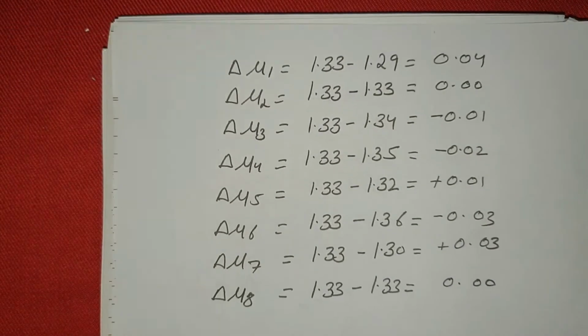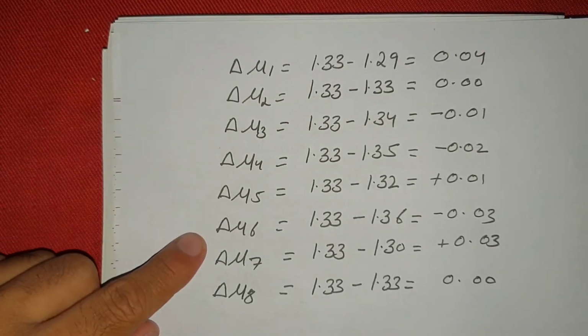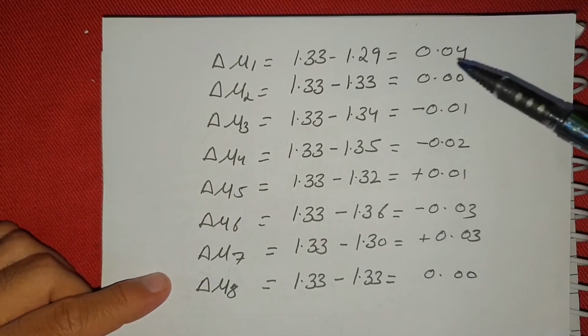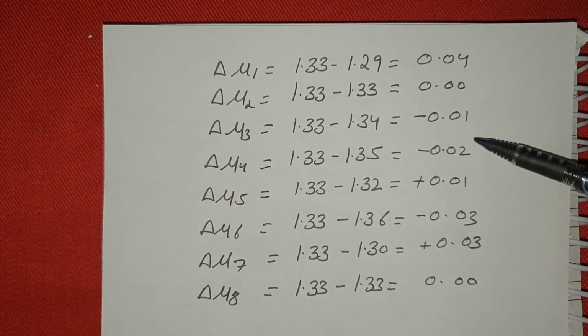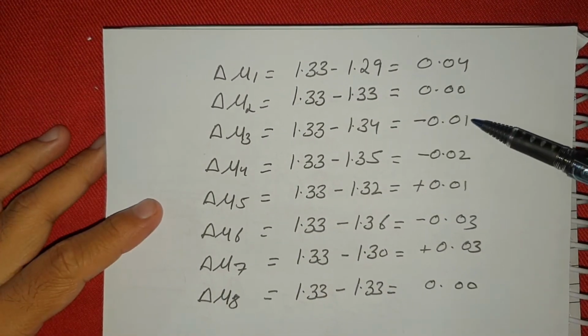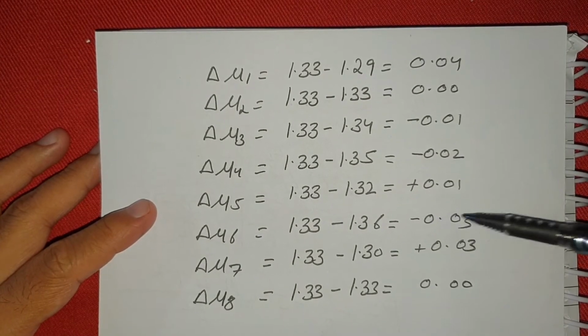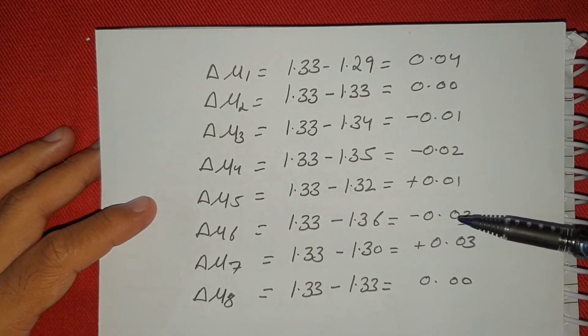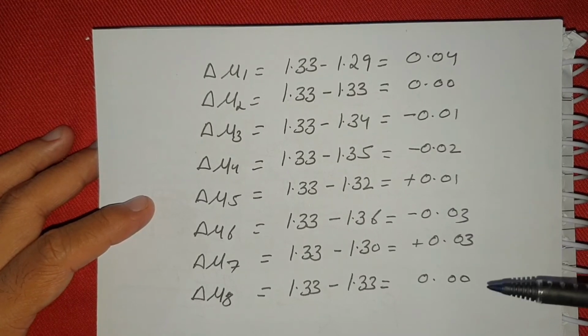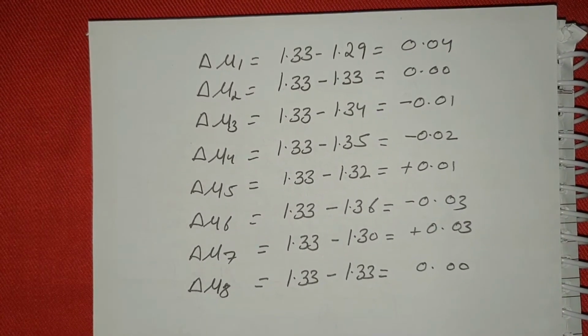So here are the results. Delta mu 1 to delta mu 8 are 0.04, 0, minus 0.01, minus 0.02, plus 0.01, minus 0.03, plus 0.03, and 0, 0.